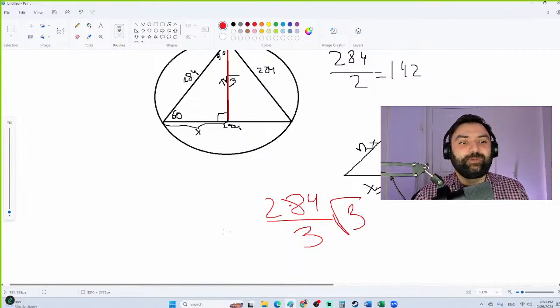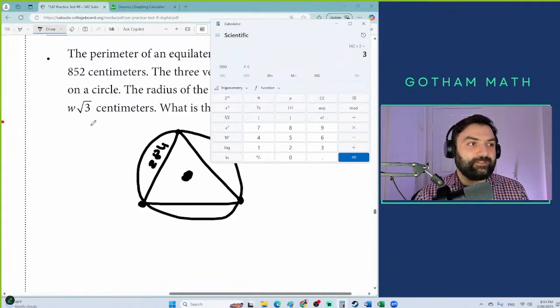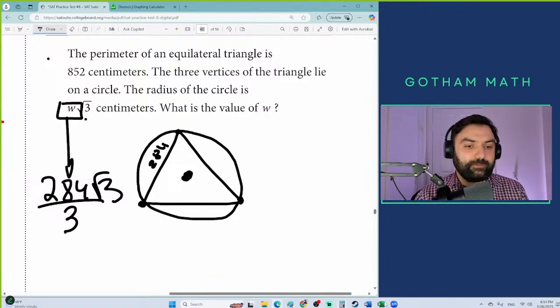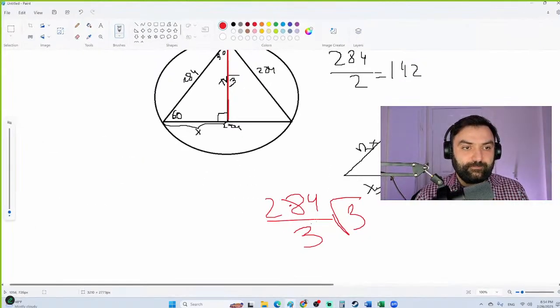But they said that the answer is W. So if my answer is 284 square root of 3, my W is just 284 square root of 3. Well, over 3, I have over 3 there. Yeah.